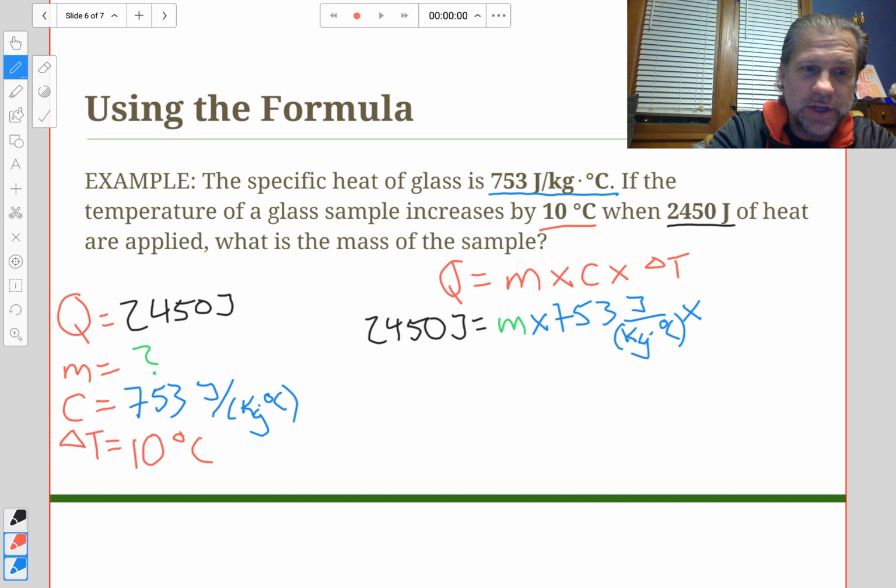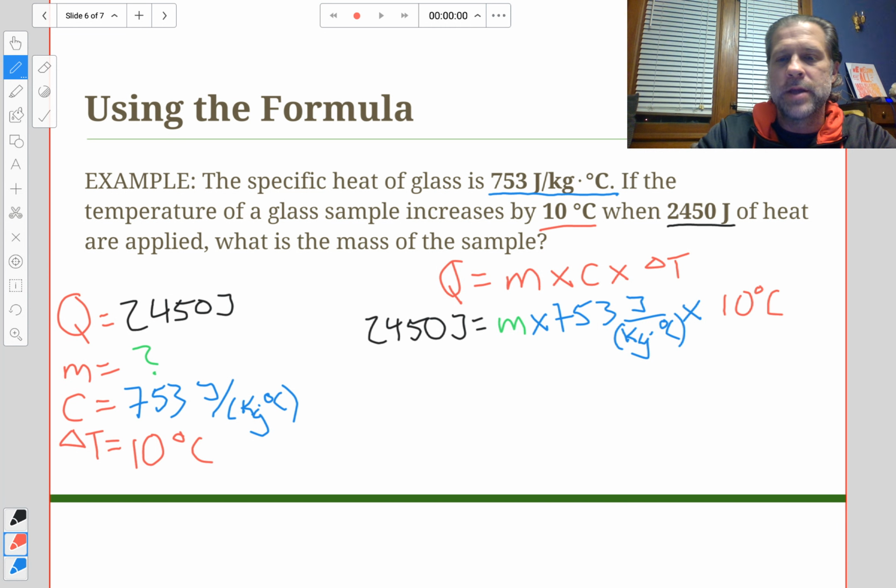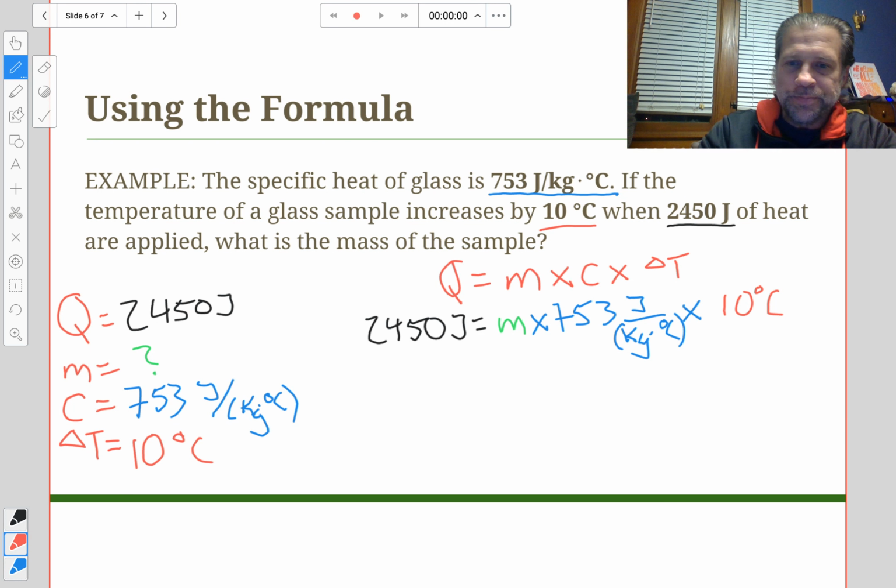And the change in temperature we found according to the problem was 10 degrees Celsius. So the first thing that I'm going to do is combine what I can. I'm going to multiply 753 times 10. When I do that, I get 7,530.